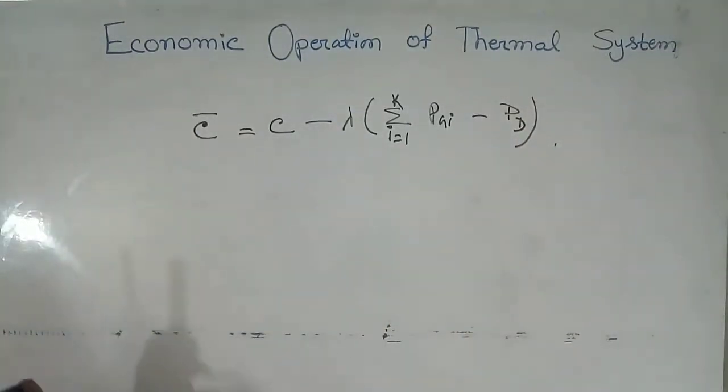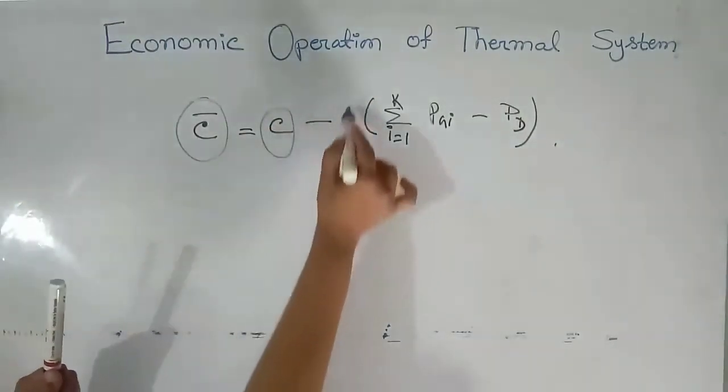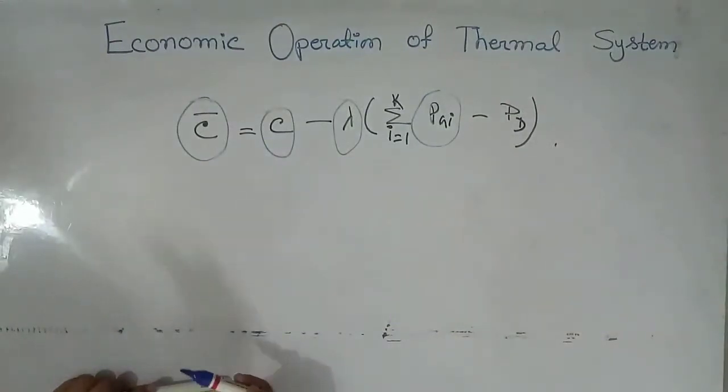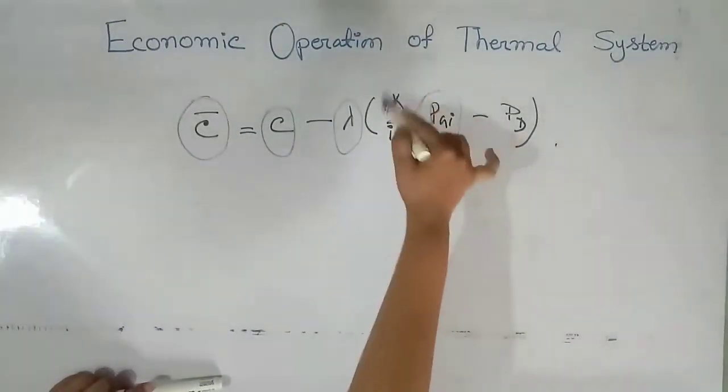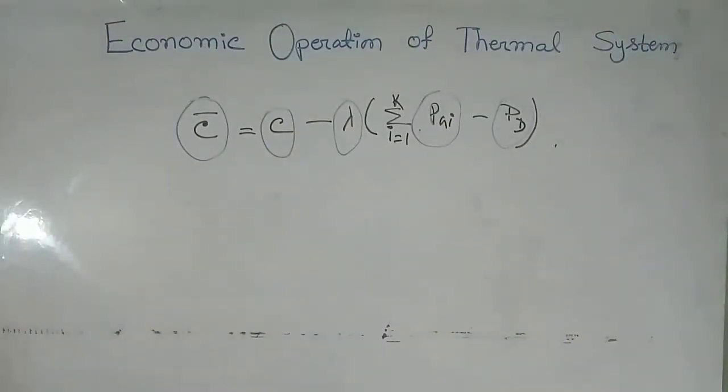Now C bar is the Lagrangian function, C is the total cost, lambda is the Lagrangian multiplier, PGi is the output of the ith unit, the summation is the total real power output, and PD is the demand.